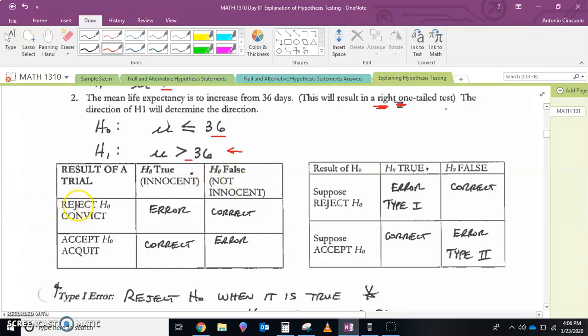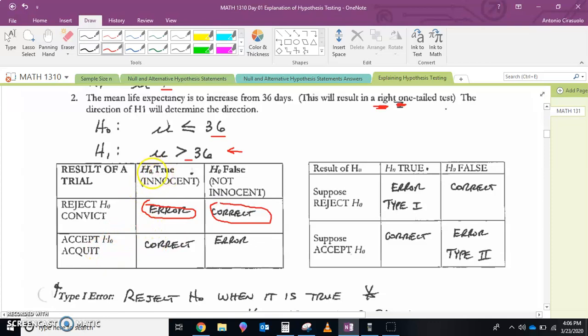And suppose what we do in our trial, we reject this, even though the person is innocent, we convict the person. We know we've made an error, right? If we convict the person when the suspect is actually guilty, then we would have made the correct choice.